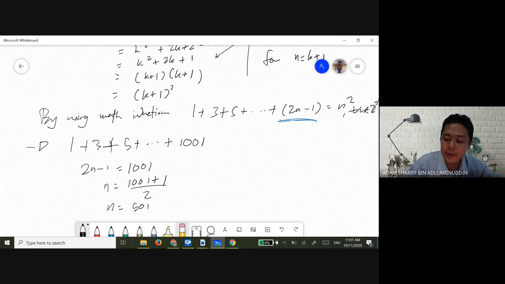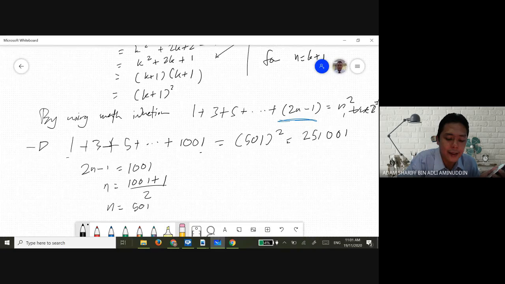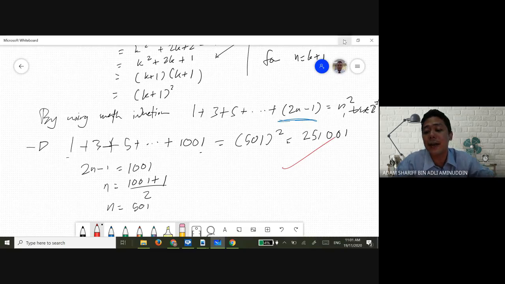And because the summation from 1 until 1001 equals to 501 squared, dapatlah jawapan yang macam Syaza dapat. Saya tak masuk kalkulator. Saya harap kamu letak betul 251,001. Okay. Well done. Ada soalan tak setakat ni?